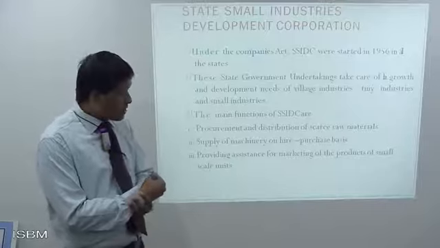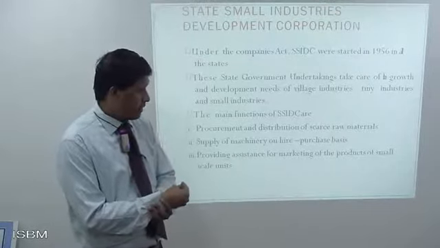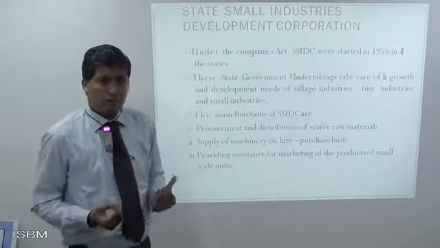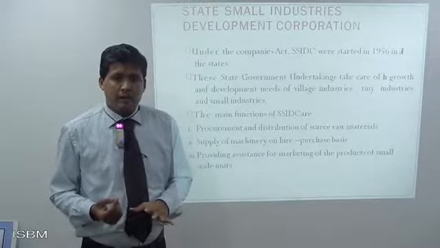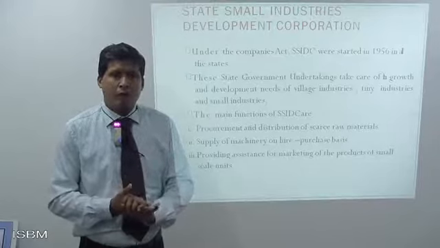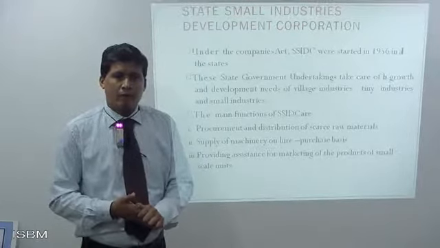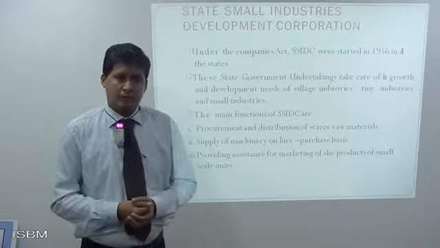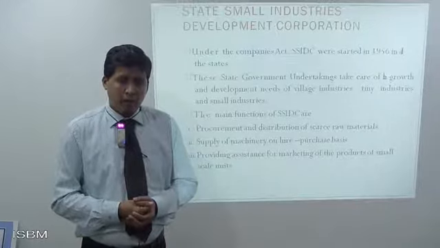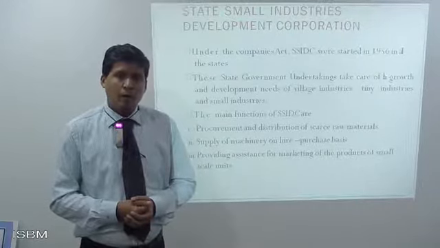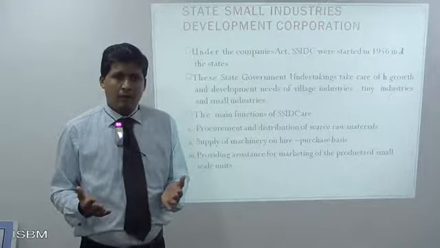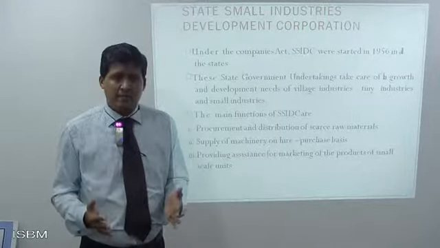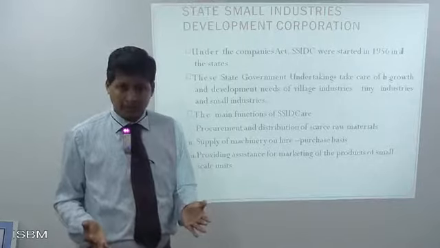Supply of machinery on hire purchase basis. So at a rural level, let's take a simple example of agriculture, which some farmer or group of farmers might think of starting an enterprise about warehousing.